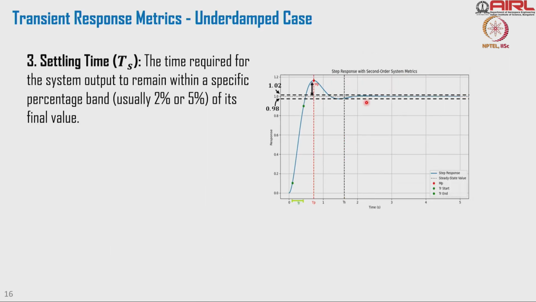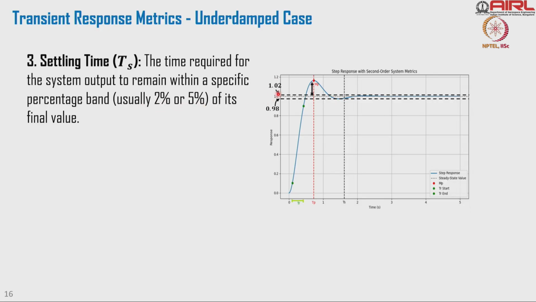Another important parameter, which is more of a long term behavior, is how quickly the response comes within or closer to the reference value. That's the settling time, the time required for the system output to remain within a specific band. Here you can talk about a 2% band or a 5% band.